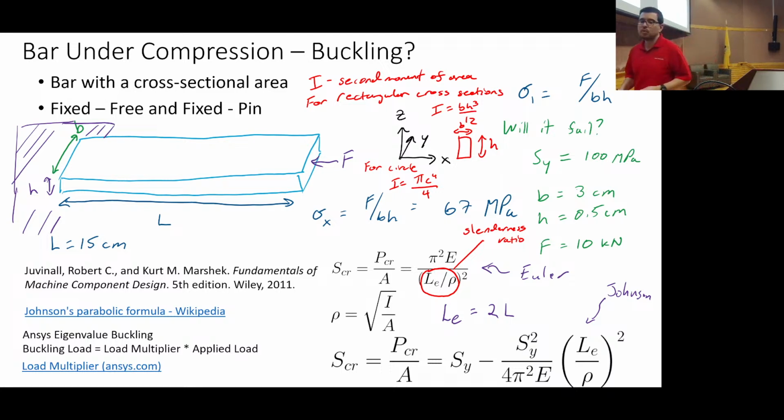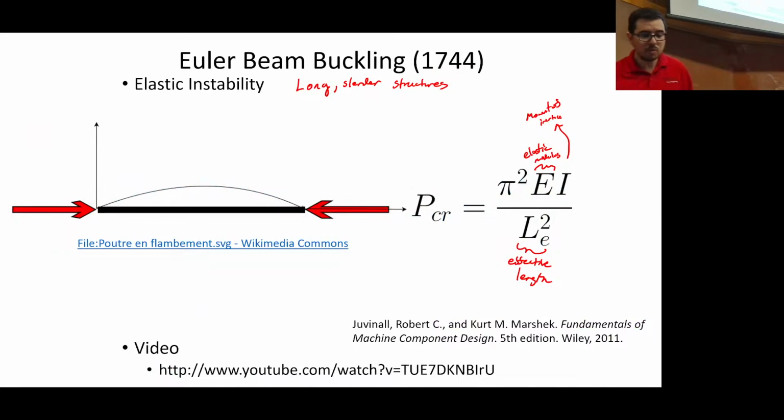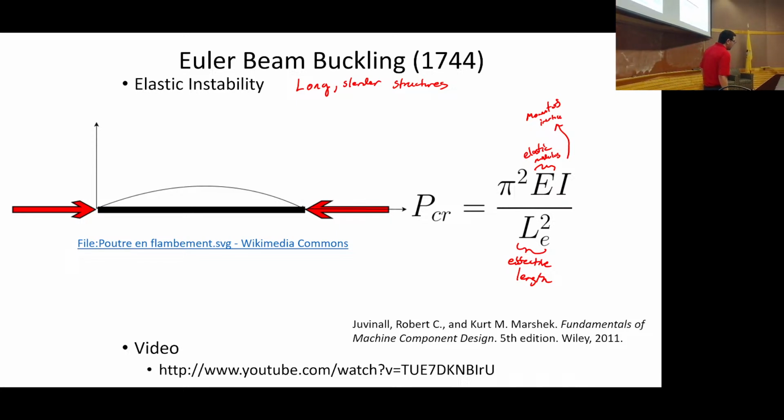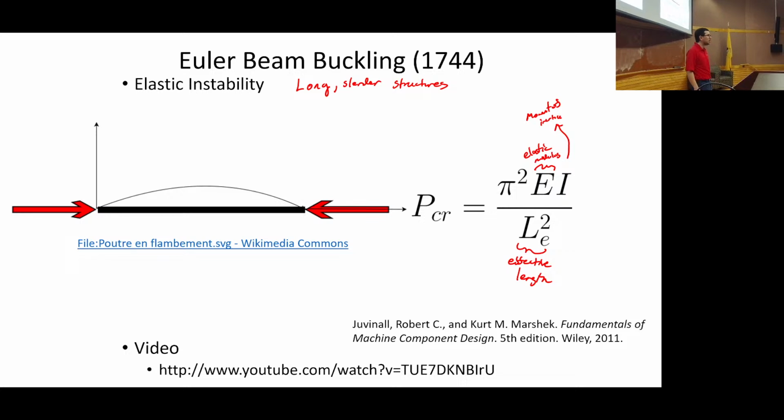Great. Now let's do a little bit more on the actuals of buckling. This is the classic Euler beam buckling idea, and this is P critical, from the previous slide.